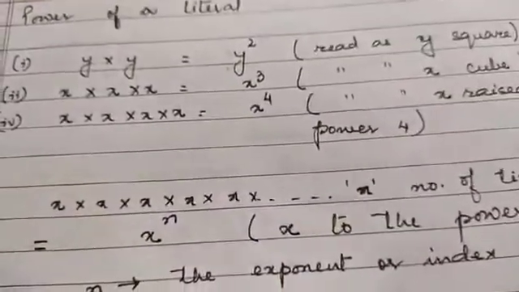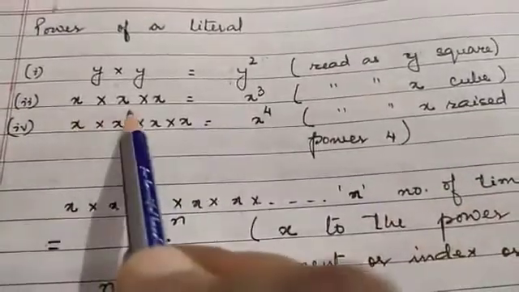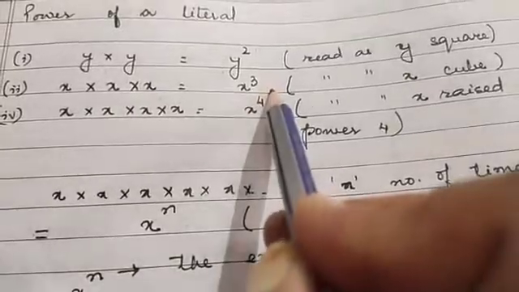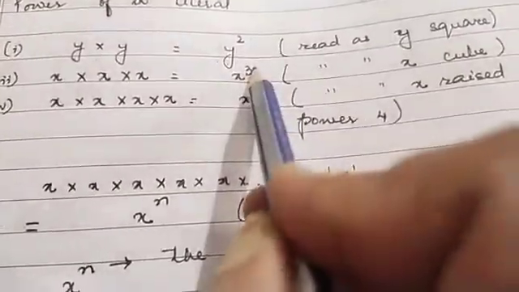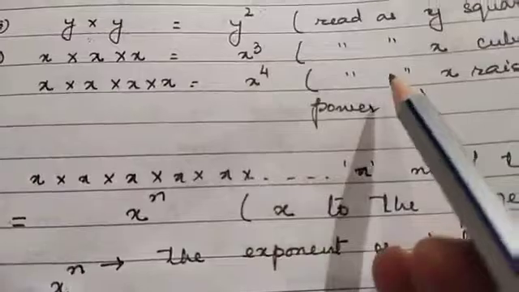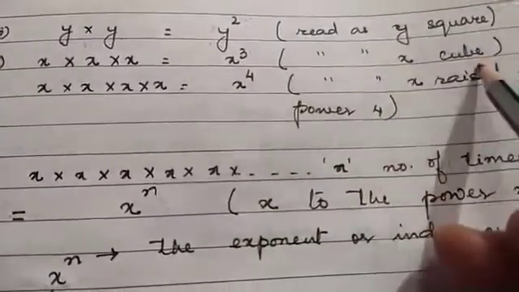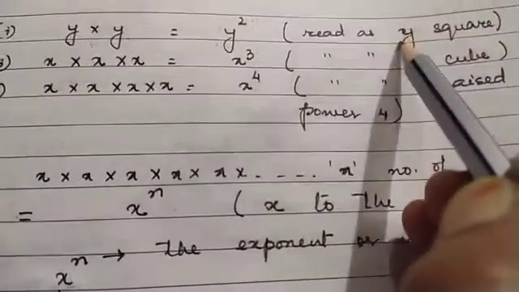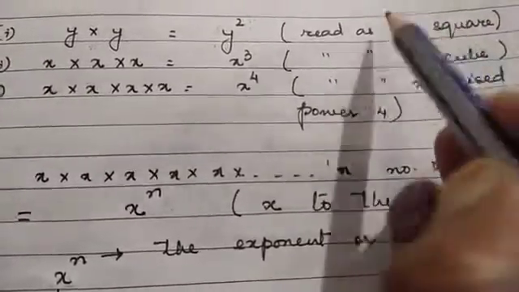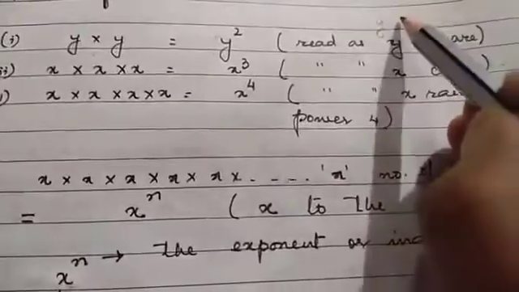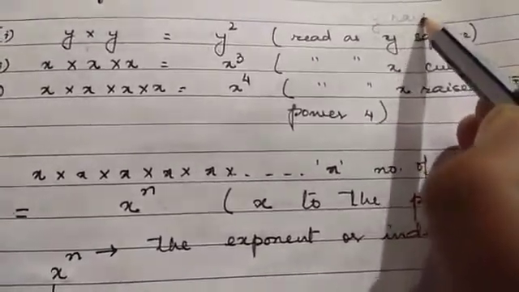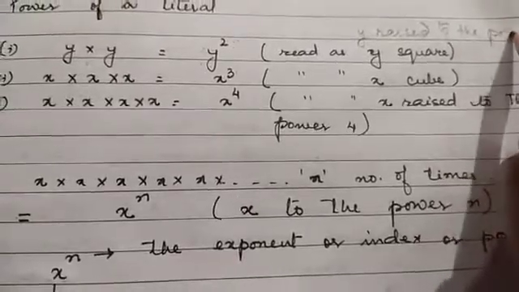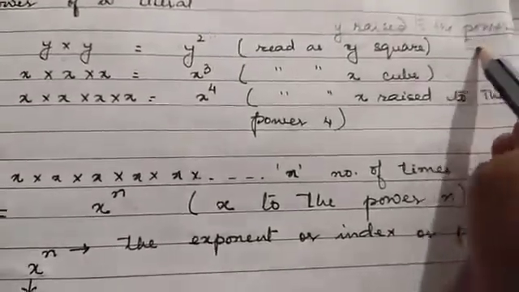Now next, if I have x into x into x, it is equal to what? X cube, x raised to the power 3. And we can read it as x cube or x raised to the power 3. Here y square can also be read as y raised to the power 2.